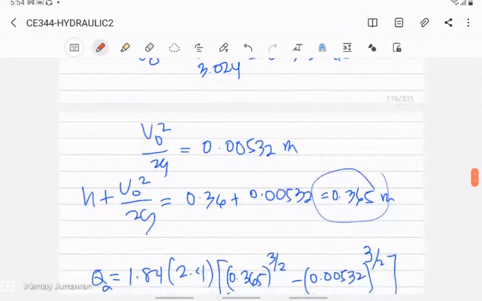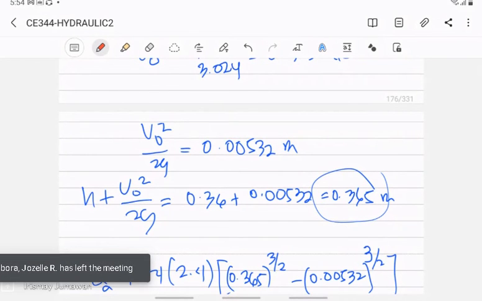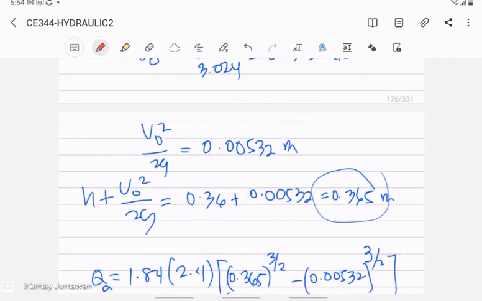We computed this because we have to consider the velocity of approach. So you have to add the velocity of approach to the head. So that is equal to 0.365.